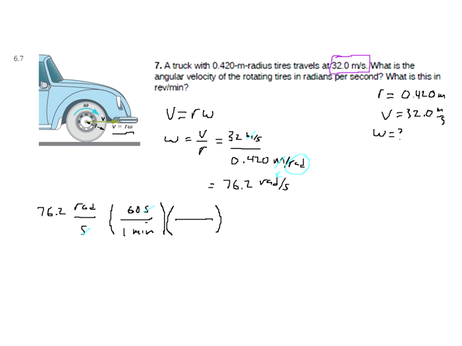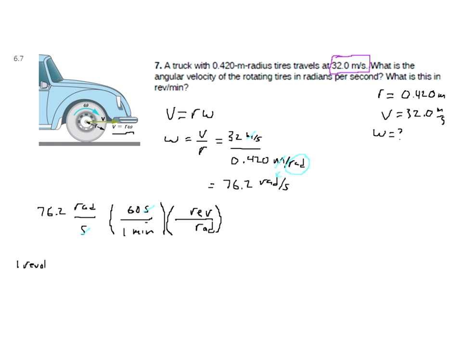So we want to get rid of the radians. This might not be quite as intuitive. We want to get rid of radians and go to revolutions. So a revolution is a trip around the circle, right? Didn't the Beatles sing about that? You say you want a revolution.